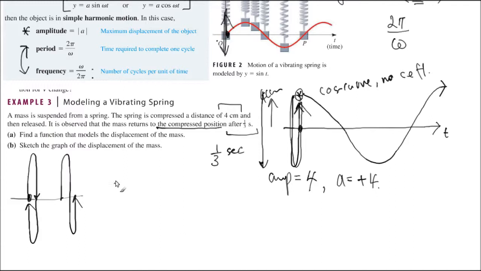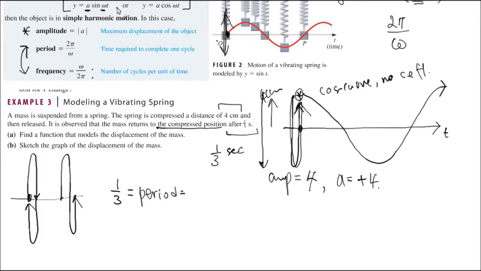So what is this 1/3 called? The time required for one cycle. Period. So we already know the period from the description, not from the graph. But how is this period connected with omega? All we have to figure out is A and omega, right? There's no equilibrium position shift. So this is the connection.